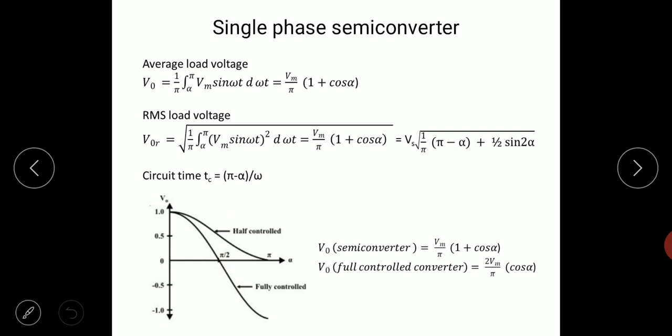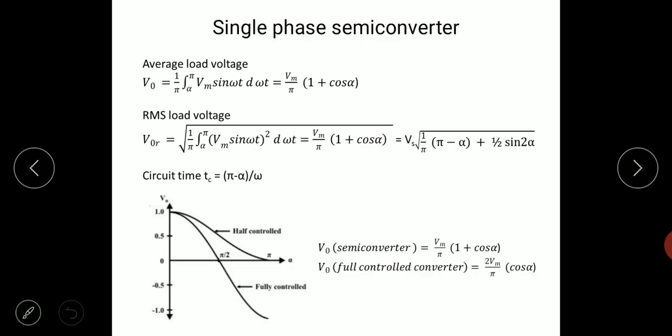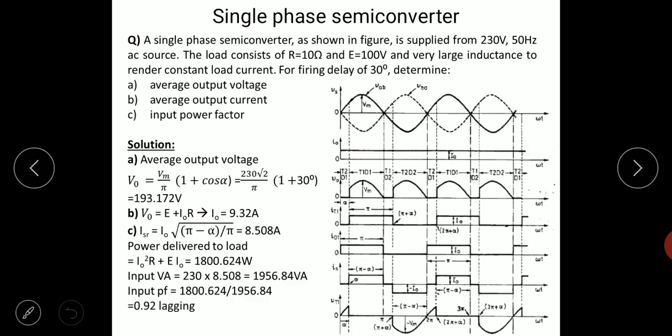This was our discussion about the semi converter. For your reference, here we have a simple numerical on the semi converter. You can easily solve this. We have assumed that the inductance is so high that the load current is always constant.